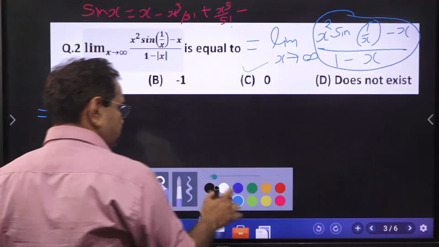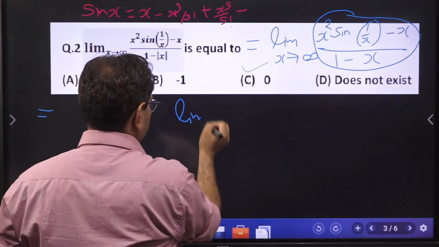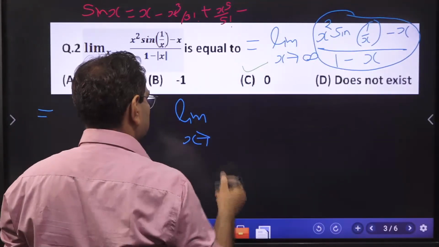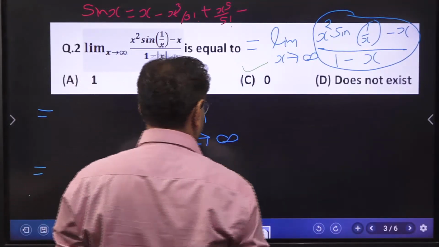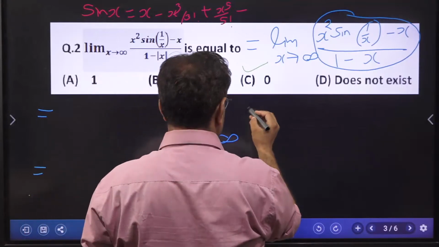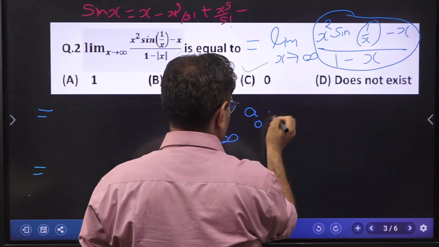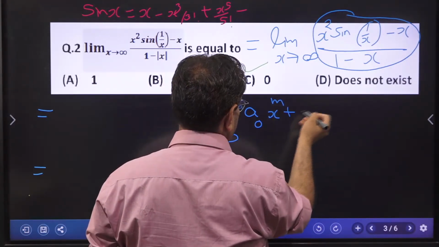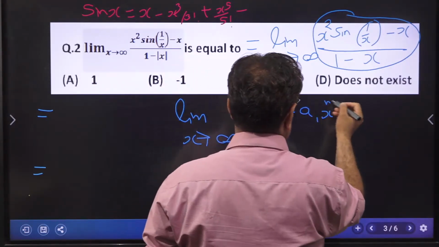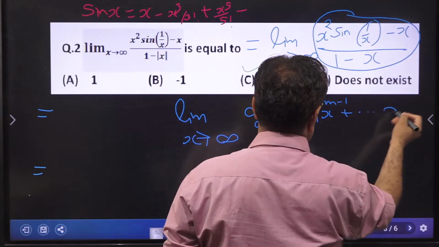We have limit x tends to infinity of a naught x to the power m plus a1 x to the power m minus 1 plus ... plus am.